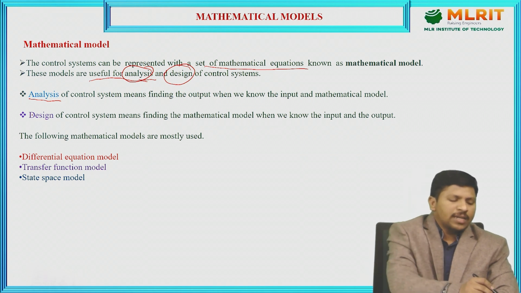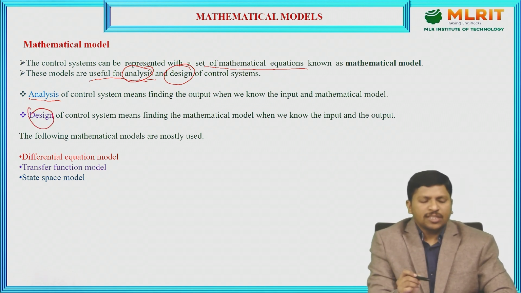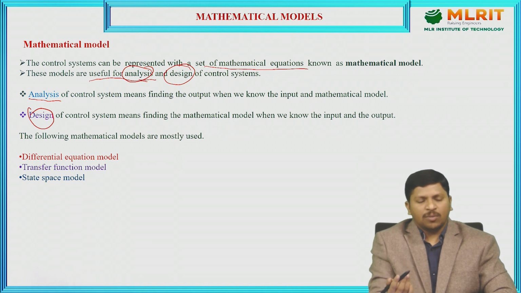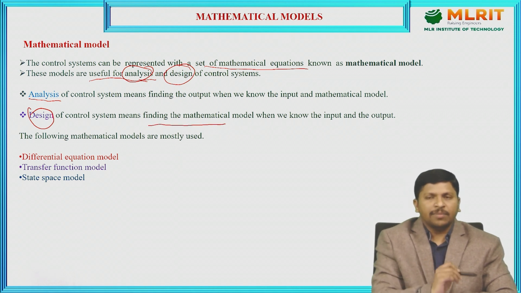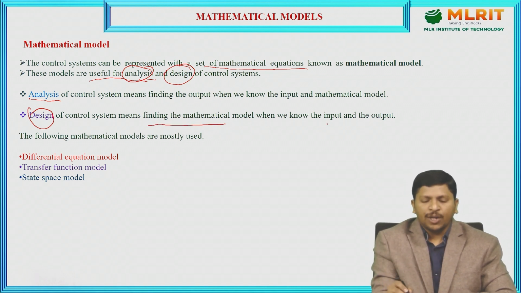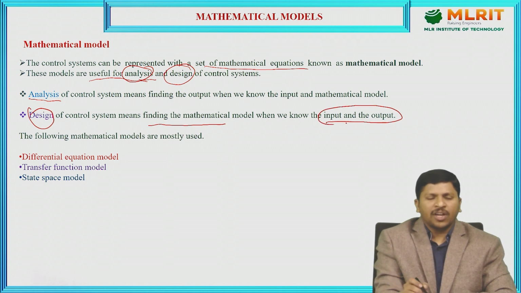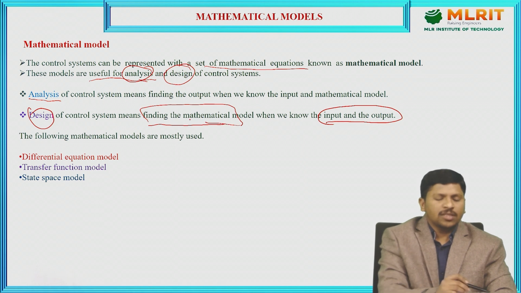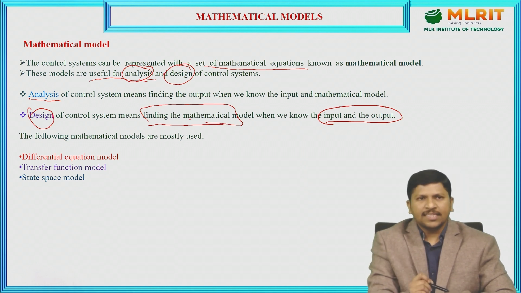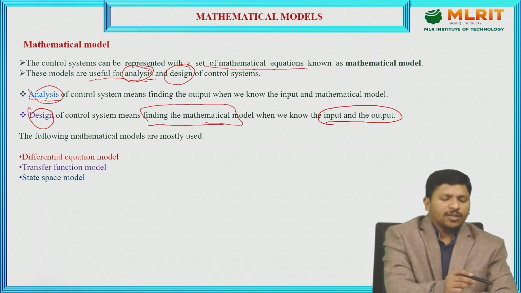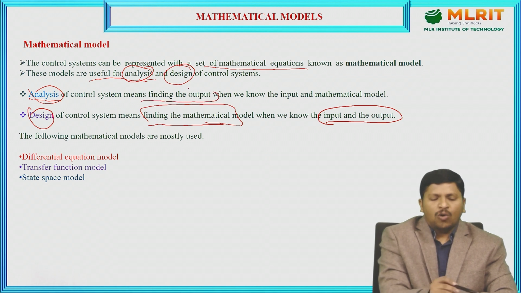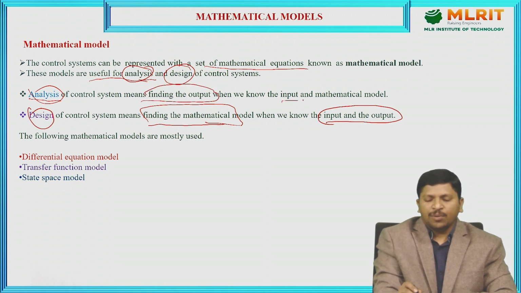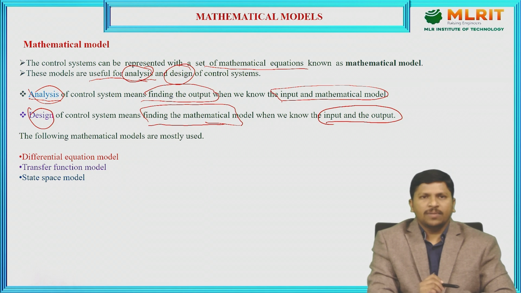Design of a control system means finding the mathematical model when we know the input and output. From the input and output we find the mathematical model. This process is the design of a control system, and analysis is finding the output when we know the input and mathematical model.